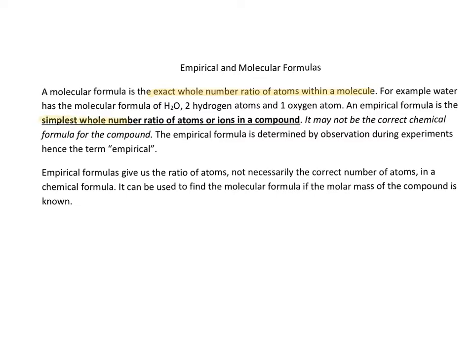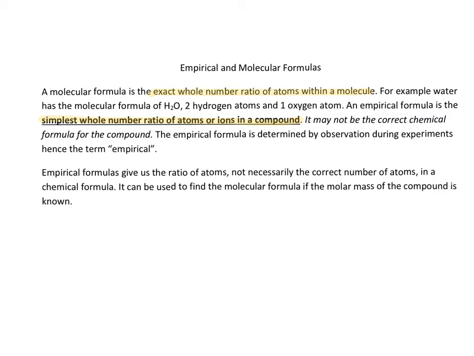So an empirical formula is the simplest whole number ratios of atoms or ions in a compound. So this sometimes is not the correct molecular formula for the compound. It's just the smallest whole number ratio of atoms or ions in the compound.